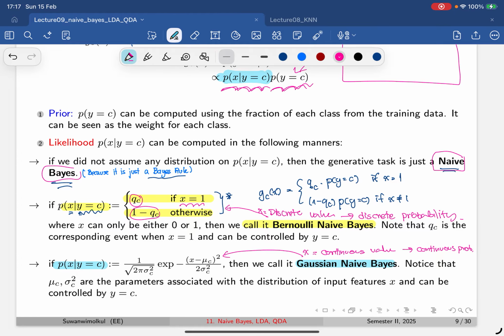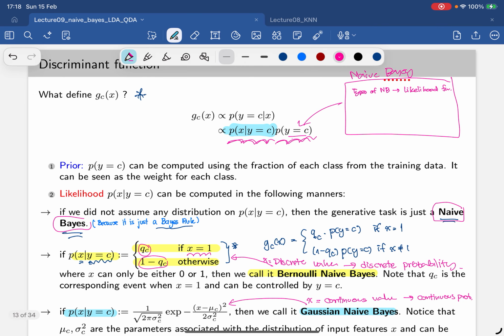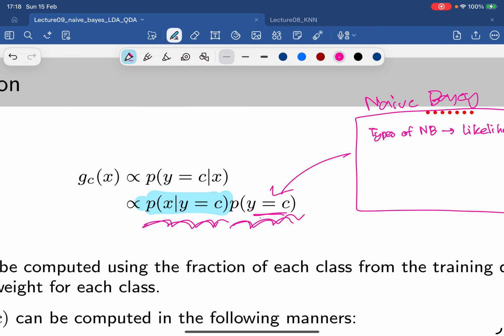And in fact, our prior can be anything. The prior can be a Bernoulli, if y is a discrete value. In the context of classification, y is discrete.